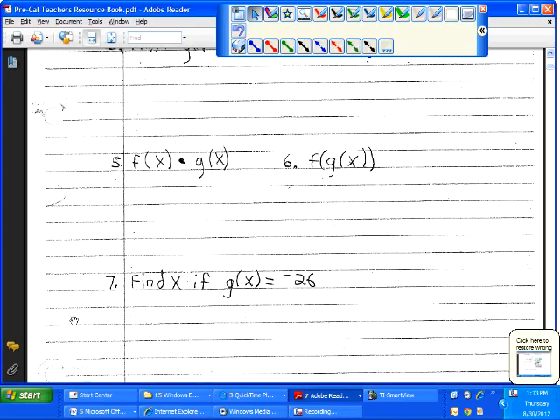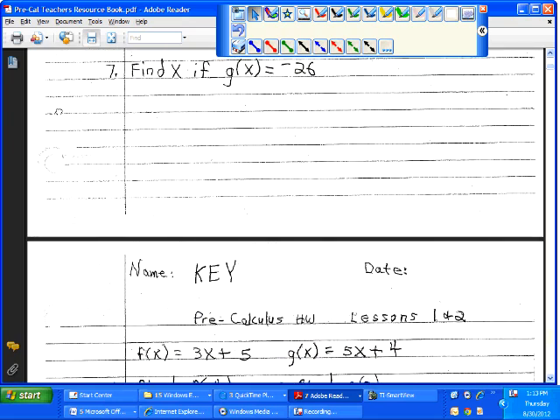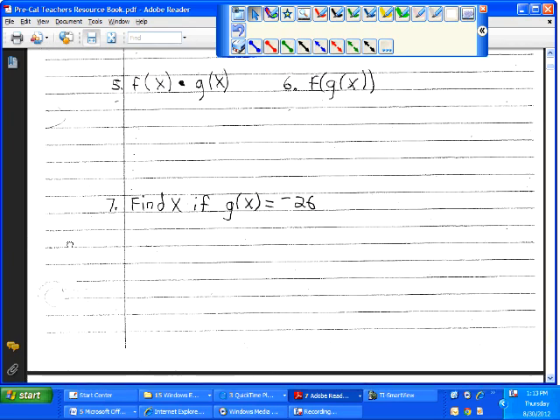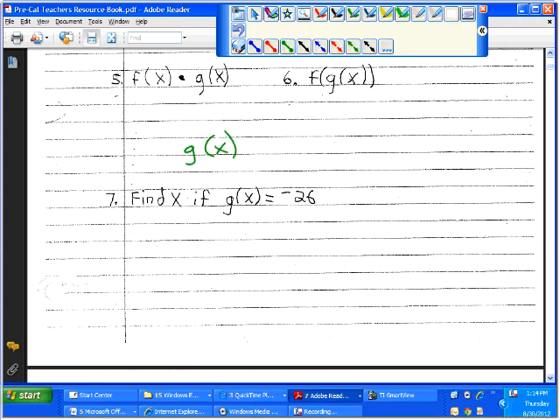All right. Now, number 7 says, there's the answer key. Number 7 says, find x if g of x is negative 26. Now, remember that g of x was 5x plus 4, right? What's this wanting me to do?